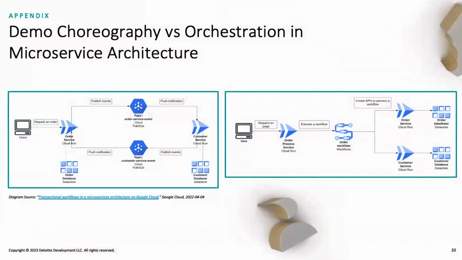Before we jump into the demo, I'm going to do a demonstration using this sample application. This sample application has two different architecture designs. On the left side, as we already talked about, is the asynchronous choreography design pattern through Pub/Sub.